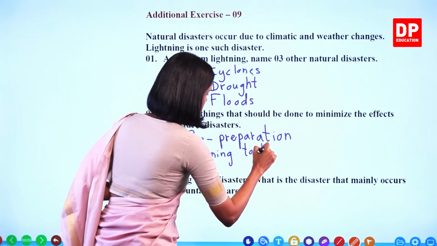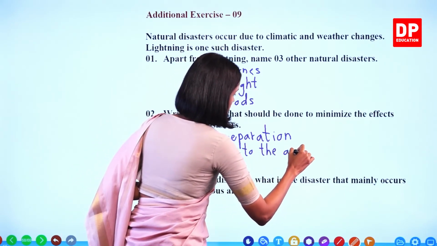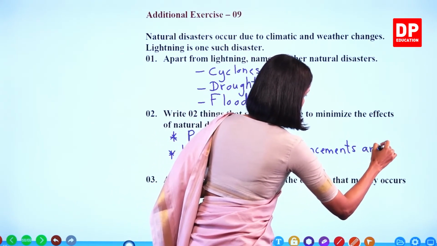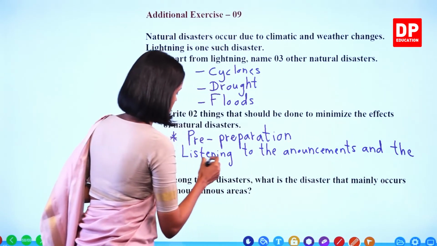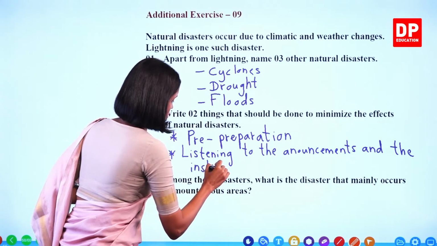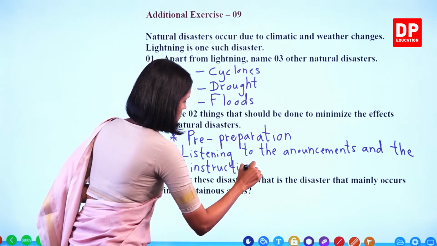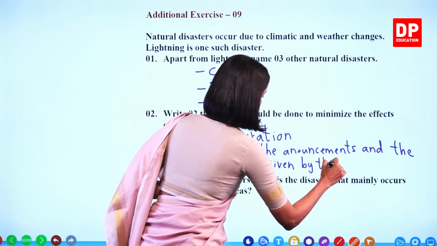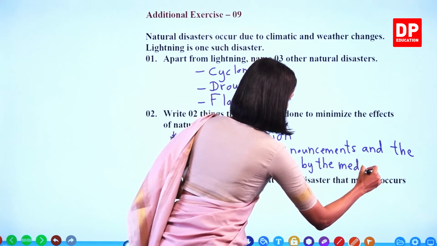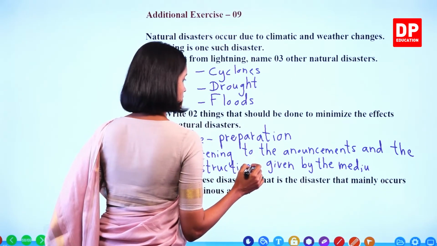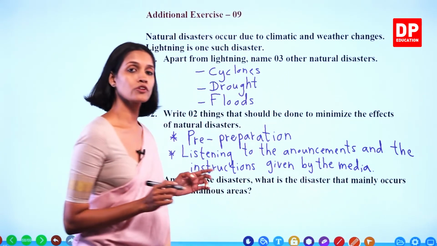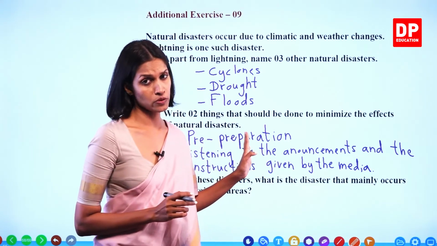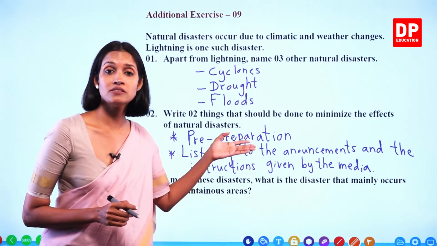Listening to announcements and the instructions given by the media. Okay? Pre-preparation. Listening to the announcements and the instructions given by the media. Okay? So apart from this, you can write other examples as well.